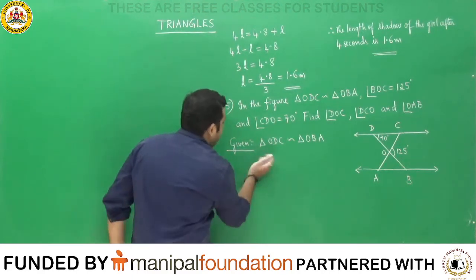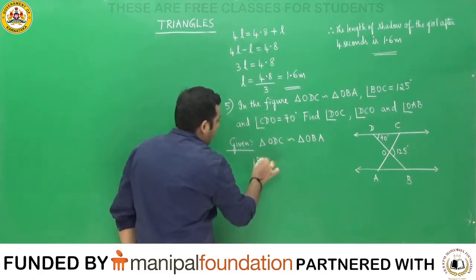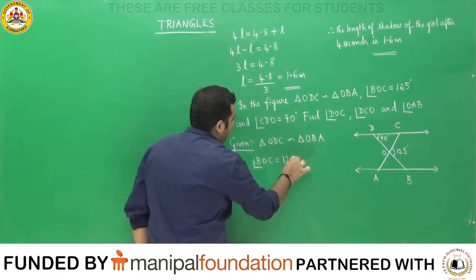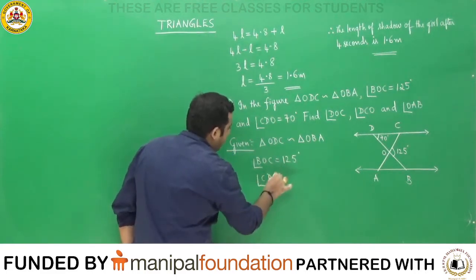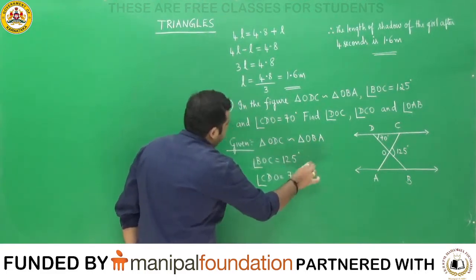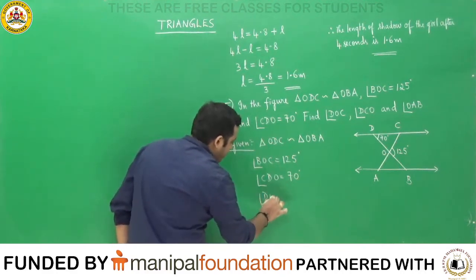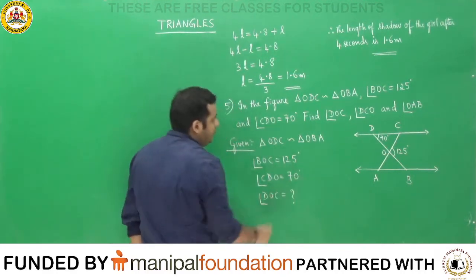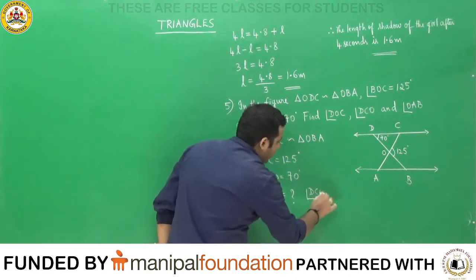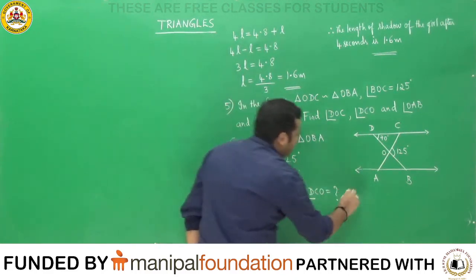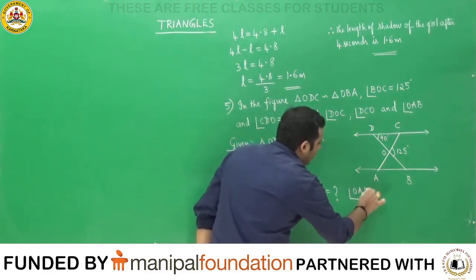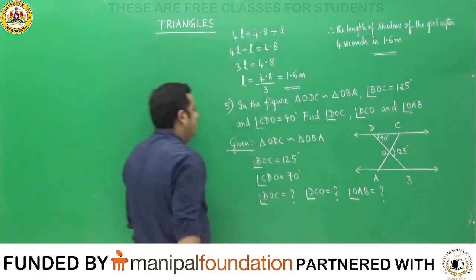First we'll write like this: angle BOC is equal to 125 degree and angle CDO is equal to 70 degree. Now the question is asking you to calculate the value of DOC, the value of DCO, and the angle OAB. This is what the question asks, right or not?